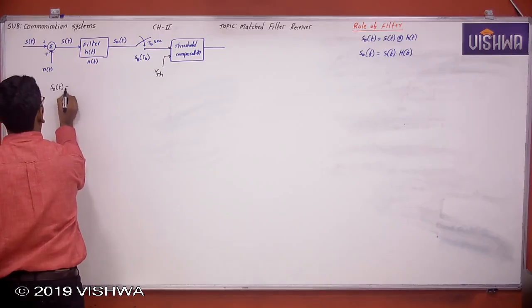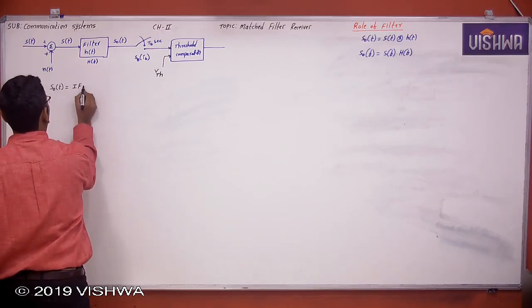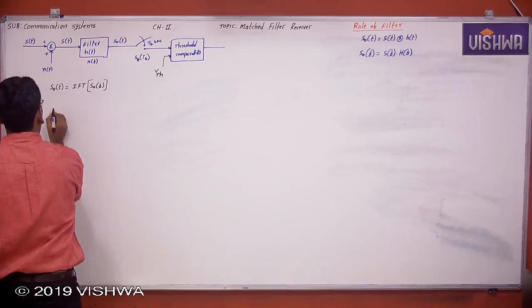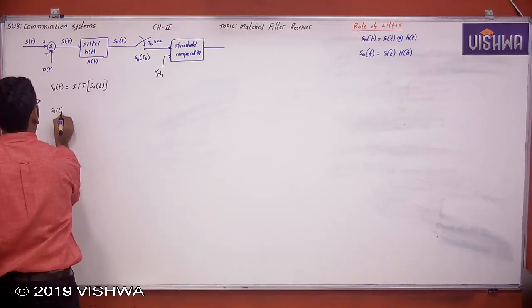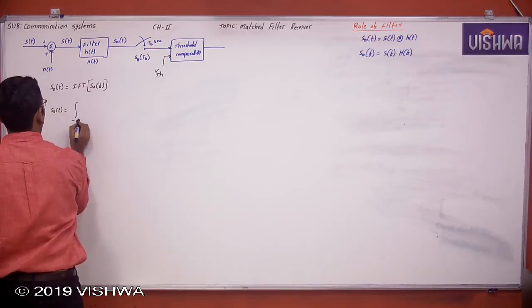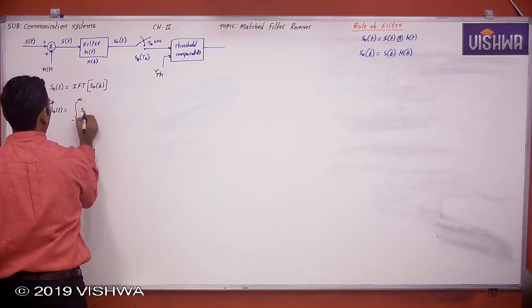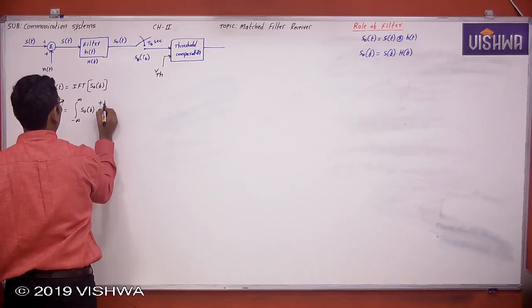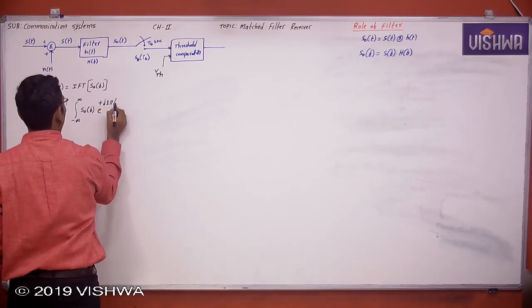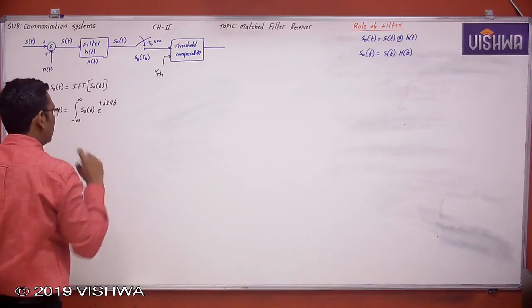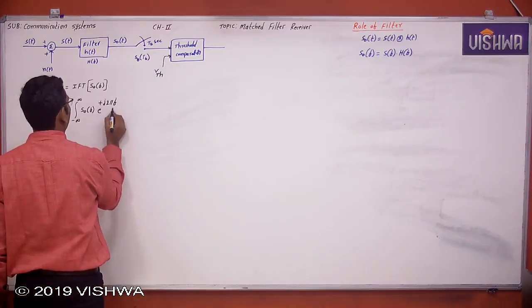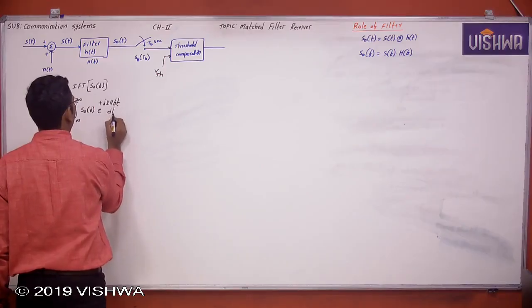S naught of t is the inverse Fourier transform of S naught of f. Is it right or not? Yes. So S naught of t equals the integral from minus infinity to infinity of S naught of f e power plus j 2 pi f t df. Now what is S naught of f? S naught of f is S of f into H of f. So S naught of t equals the integral from minus infinity to infinity of S of f H of f e power plus j 2 pi f t df.